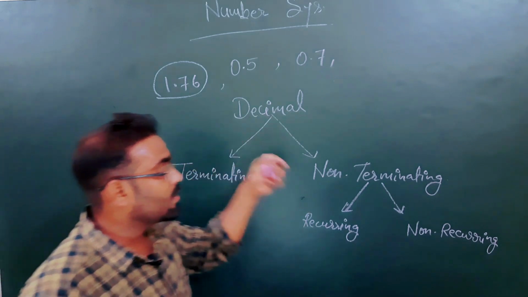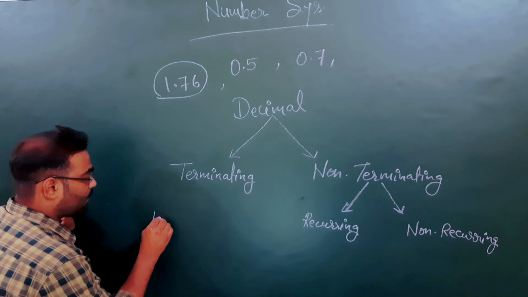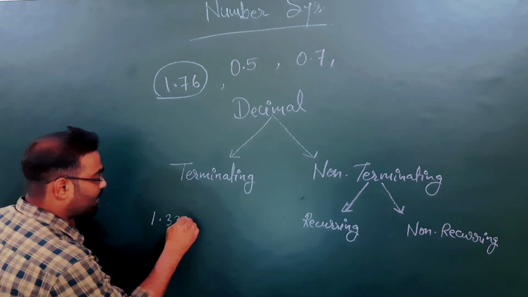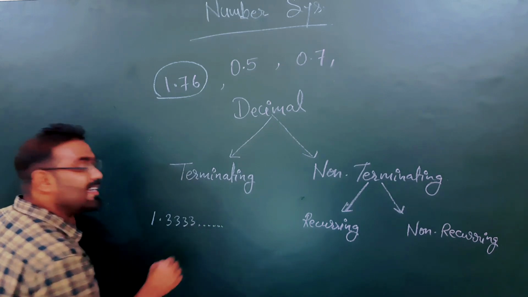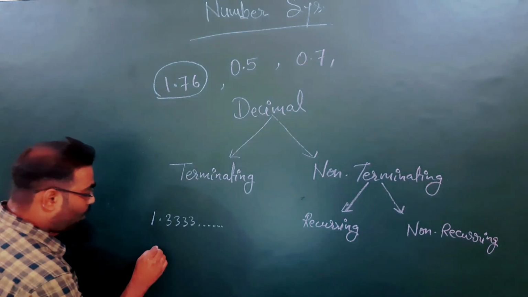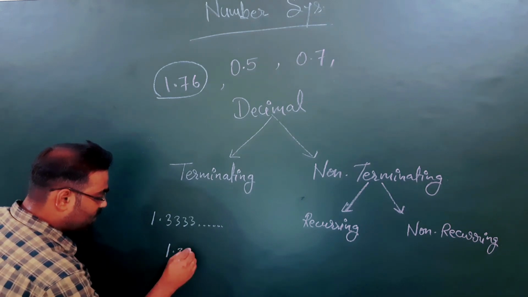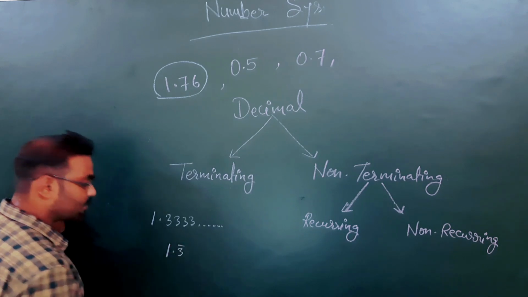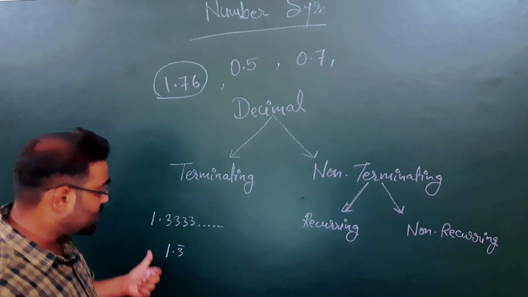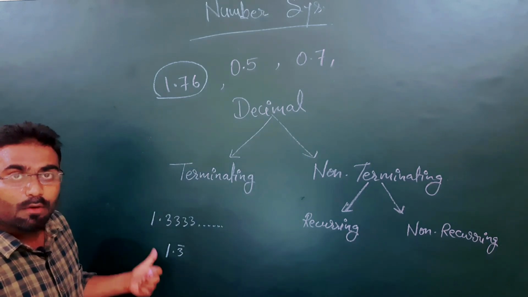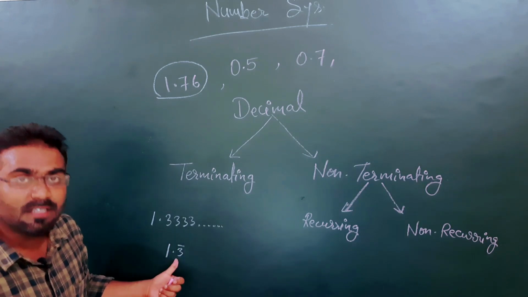Now let's go through the non-terminating decimals. Let's say you come across a number 1.333 and you see endless dots, or if you see it written with a bar. These two representations of decimals say that these are not being terminated.